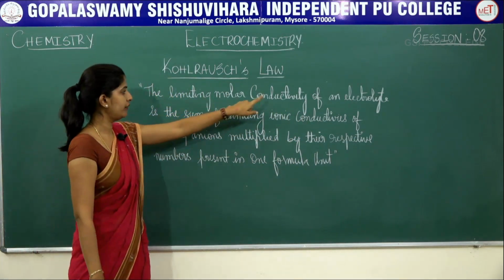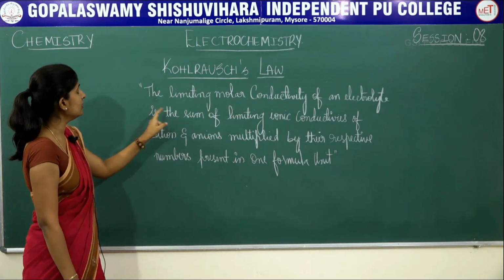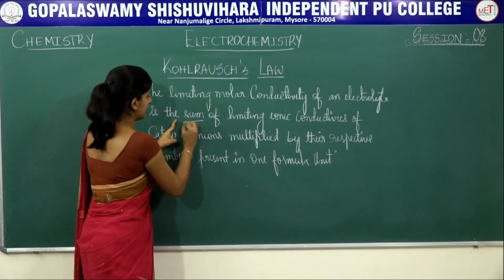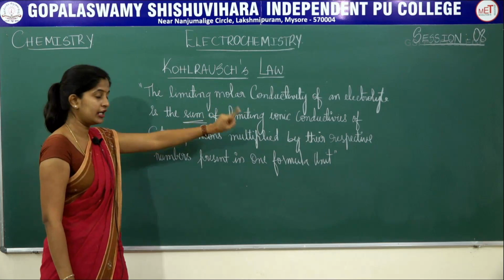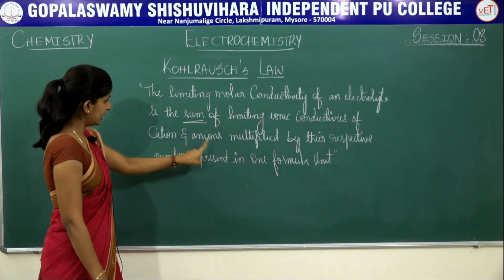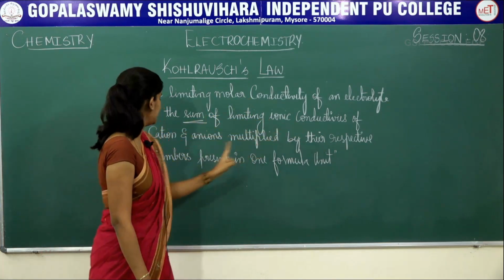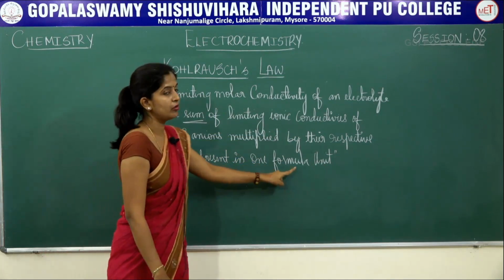Very important, it is a sum of limiting ionic conductivities, that is lambda m naught of cation and anions, multiplied by their respective numbers present in one formula unit.